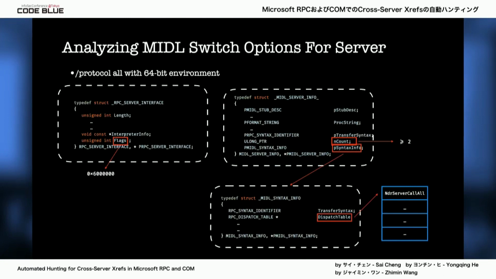For a protocol switch, in addition to the DCE and NDR64 transfer syntax, you can also specify the Or parameter. Depending on the environment, the Or parameter will generate different stubs. For 32-bit stubs, the transfer syntax is almost the same as DCE. For determining whether it is a 64-bit stub, we can check the flags, and the dispatch functions as shown in the figure above.